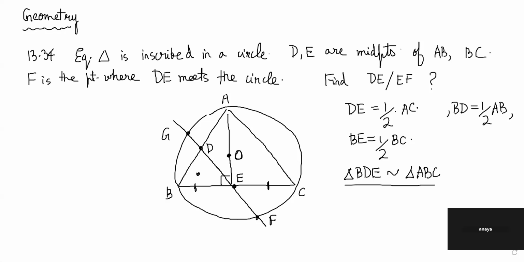So AD is equal to DP is equal to DE. All of these are equal.